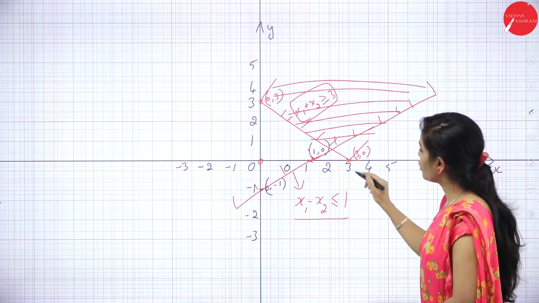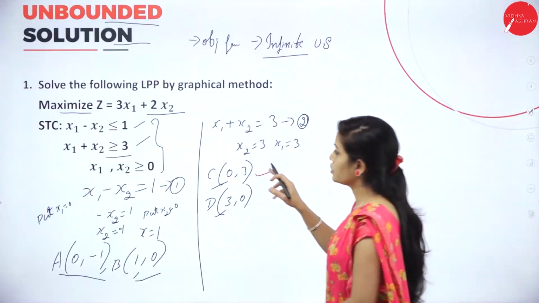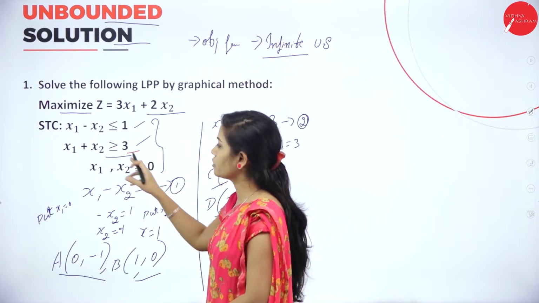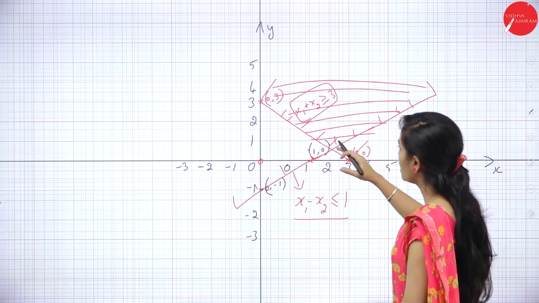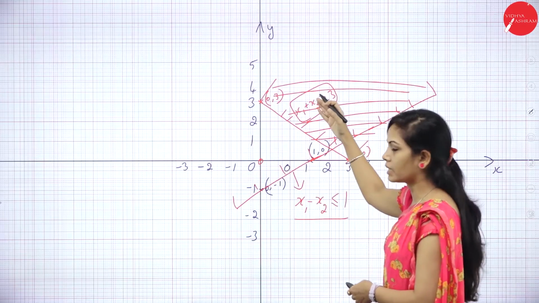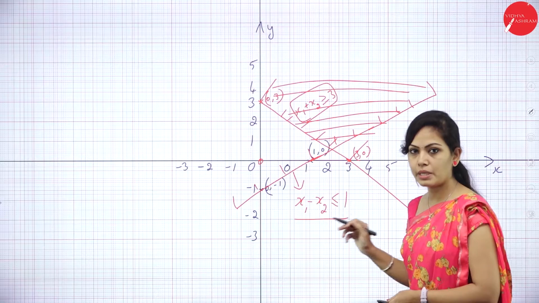Here we got a special case, because in a maximization problem we usually get less than or equal to, but here we have another constraint, greater than or equal to 3. Greater than or equal to means it is outside the region, opposite to this region, above the constraint. So this area is called the feasible area.